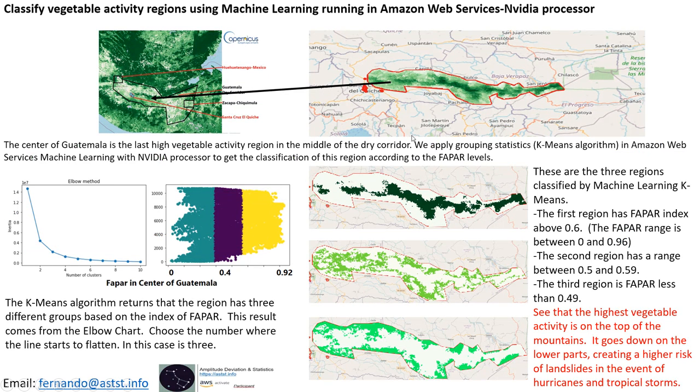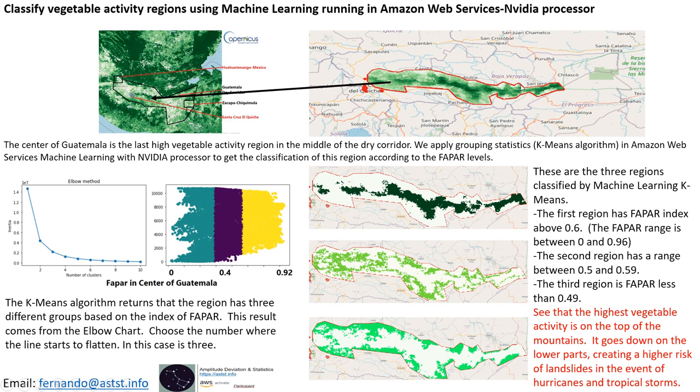And the last application that we are going to present here is that we can use an algorithm to classify the different levels of vegetation activity of a region, to have an idea of the behavior of this area.